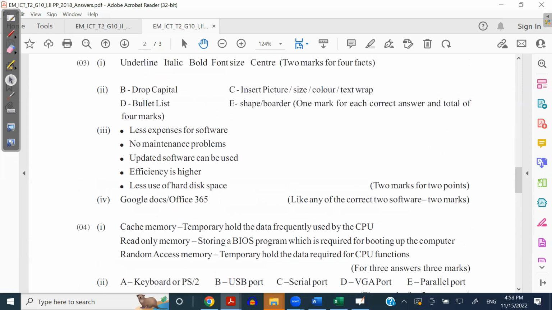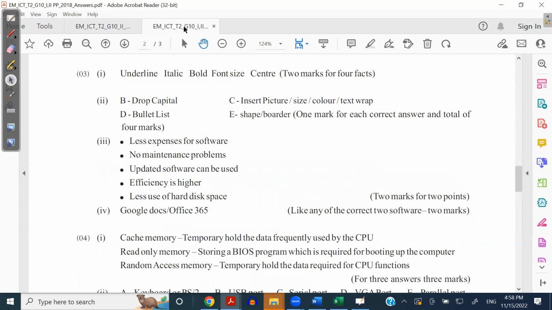And yeah, so like how they have given the marks for this. Yes, for the second part, they have given 4 marks. So I have it 4 marks for the drop caps, insert picture, bullet list, shape or border. For that, you are having 4 marks, right? So that's how the 10 marks are given.